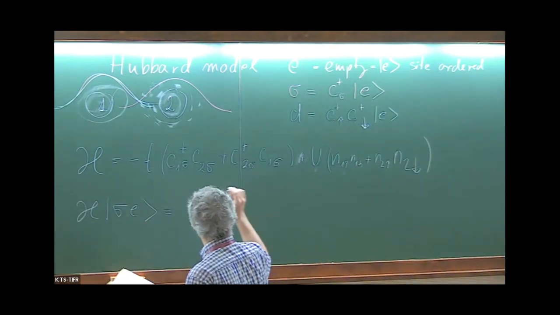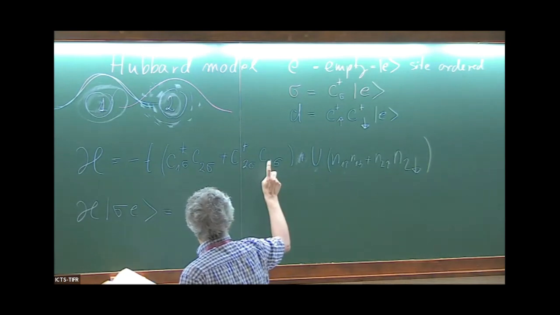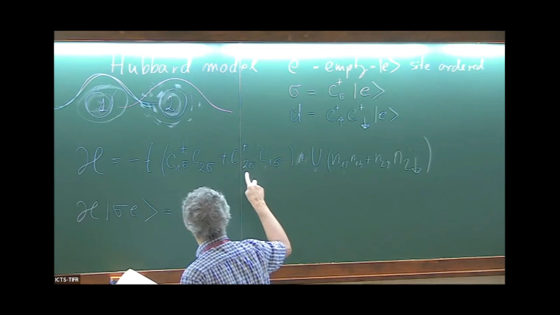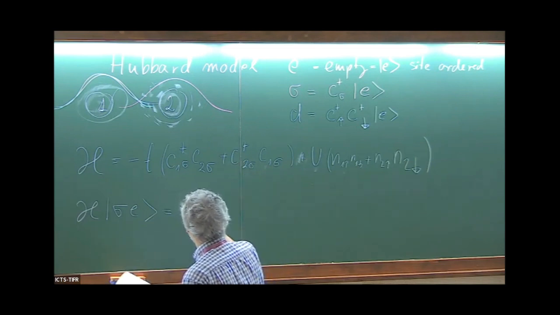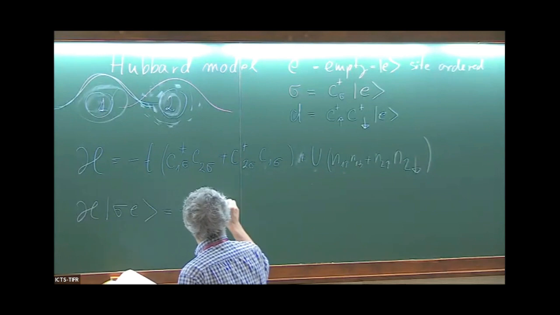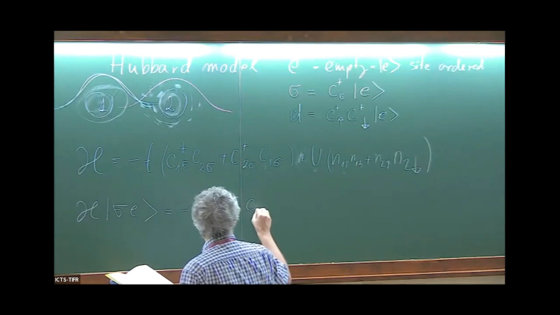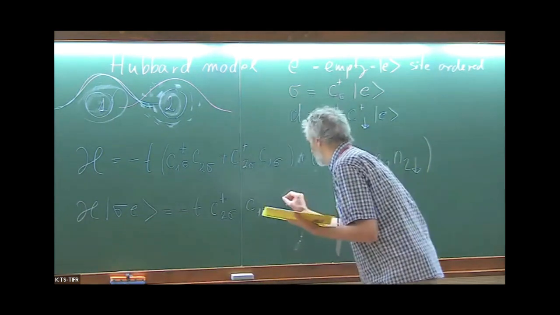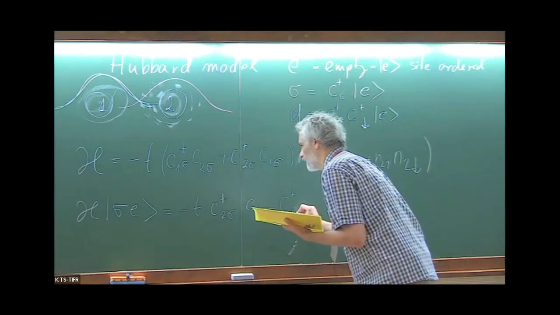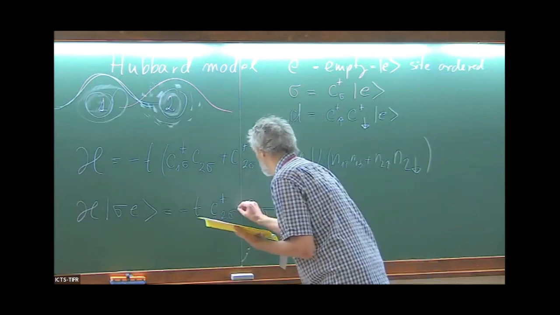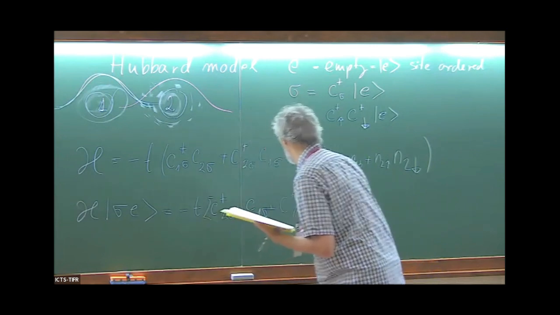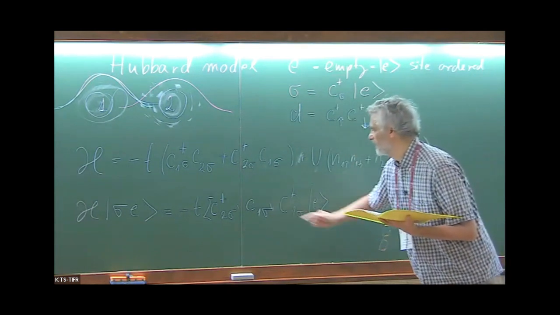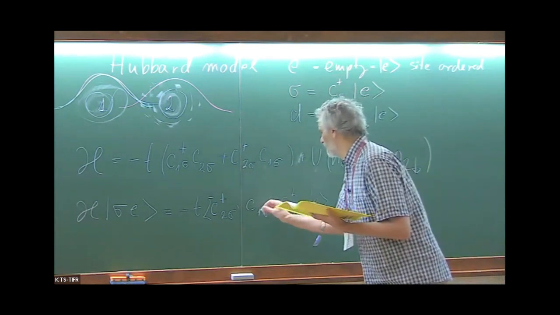What will happen is that this one will eat an electron on side 1, and this will create it at side 2. So this matrix element will be minus T times C dagger 2 sigma, C1 sigma, applied to the C dagger 1 sigma prime, there's a sum here, and to the empty.